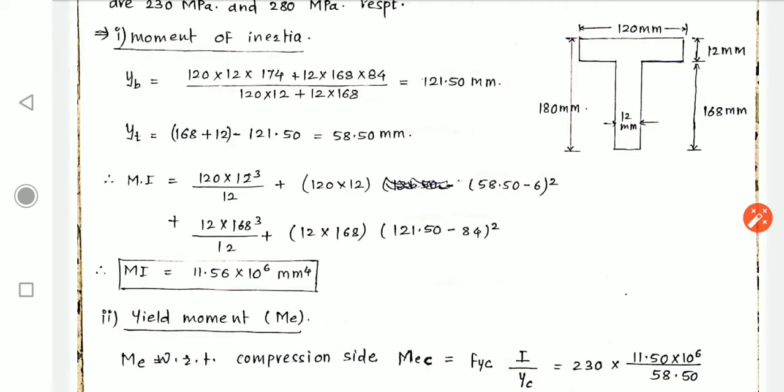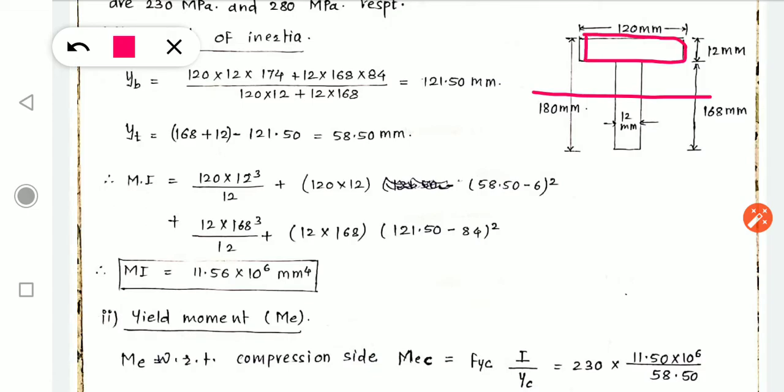Now let's calculate moment of inertia. For moment of inertia, again we have to take the help of the parallel axis theorem. What does the parallel axis theorem state? If we want to calculate the moment of inertia of a body at the neutral axis, we take it separately as a section over here, and we apply the parallel axis theorem.